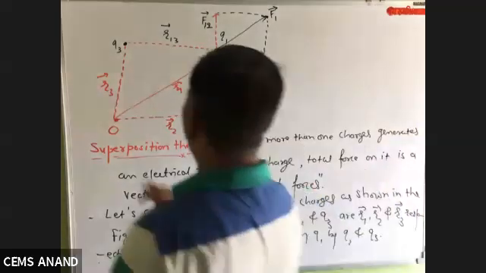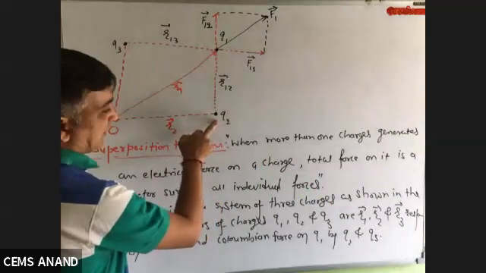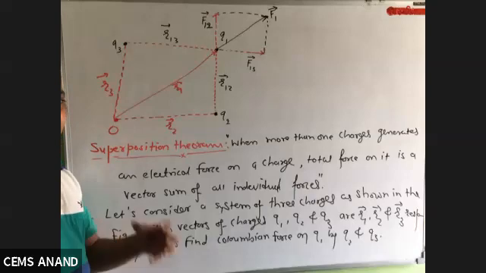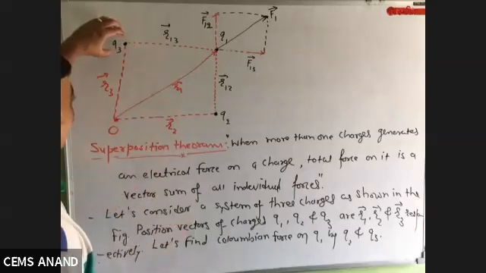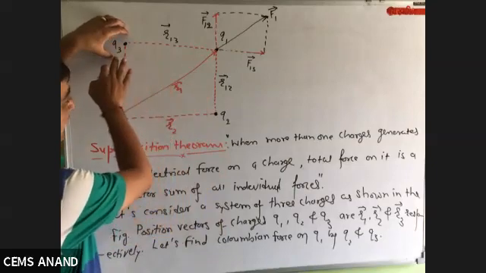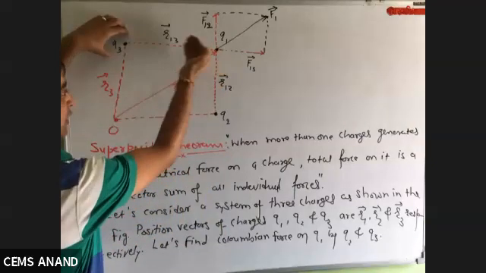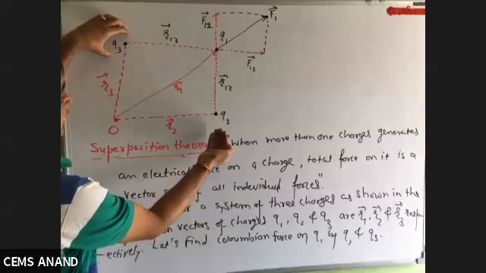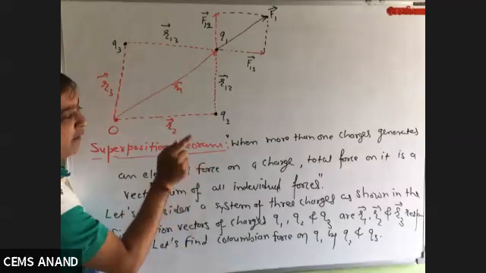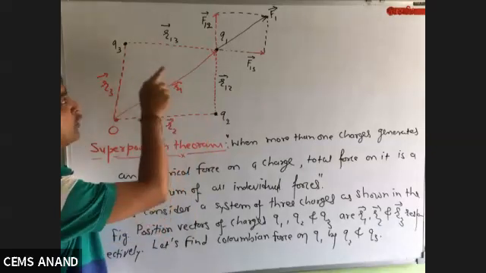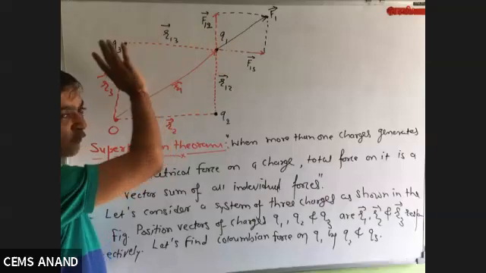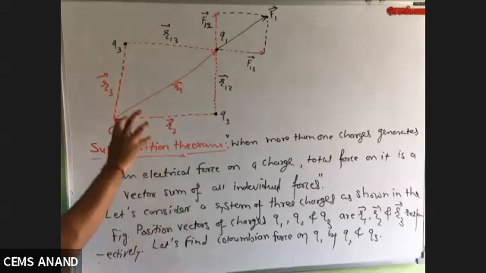See, someone asked that, sir, 2 wala charge 3 पे force लगेगा? Yes, it does. If we are calculating the force generated on Q3, then the forces on it are F31 because of this and F32 because of this. But mind well, whenever one charge is exerting force on another one, the force due to the remaining one is also there. So it's a cumulative effect.